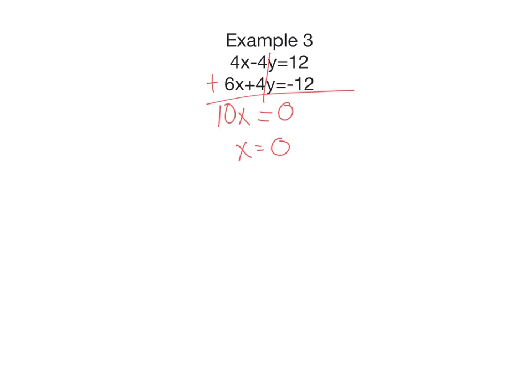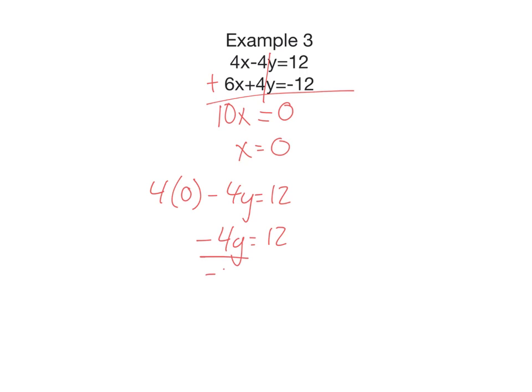Okay. Then I substitute that 0 back in for x into either equation. So let's do the first one. 4 times 0 minus 4y equals 12. 4 times 0 is 0. I'm left with negative 4y equals 12.